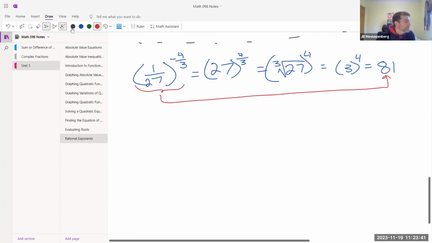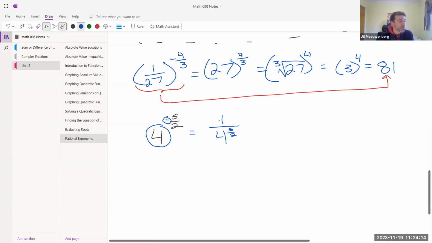One more. Try this one. 4 to the negative 5/2. So the first thing I would do is deal with this negative exponent. I would do that by taking the reciprocal of the base, right? So we're going to take 1 over 4, and then we are going to have this to the 5/2. Okay?